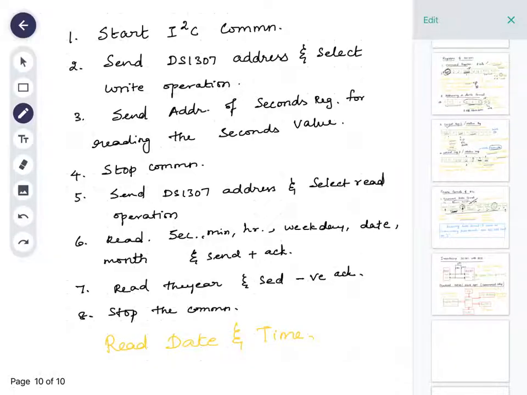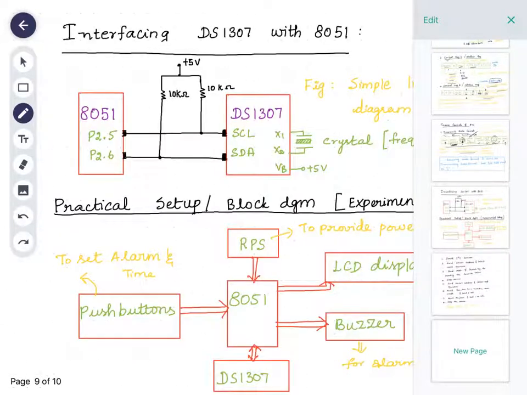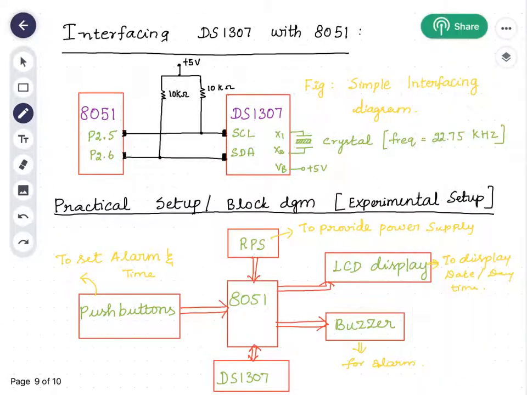Now let's deal with how to interface an RTC DS1307 with 8051. The first figure is a simple interfacing diagram. Basically, we are going to interface the SCL line with P2.5 of 8051 and the SDA line with P2.6 of 8051.